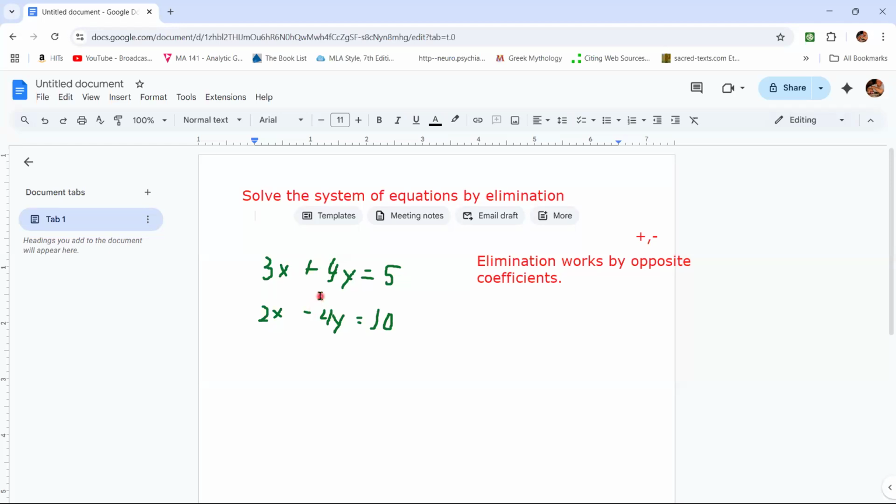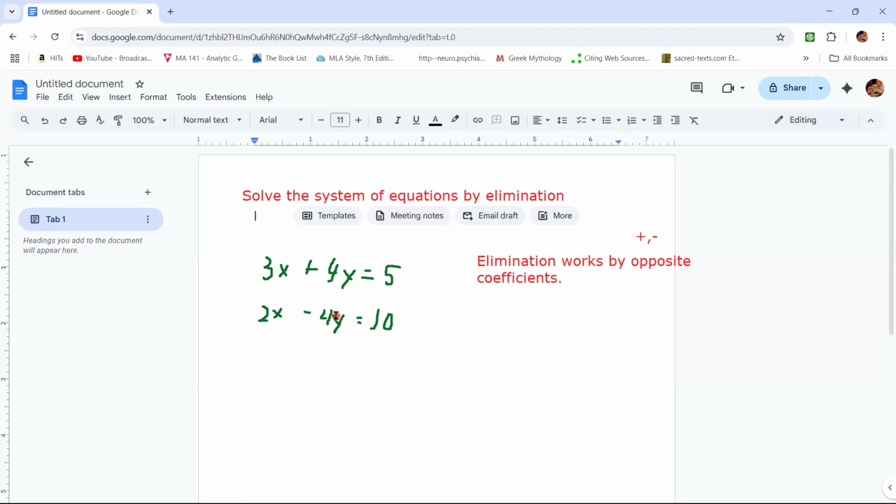When we eliminate, we want opposite coefficients. If the problem already gives us opposites, then the problem is easier.